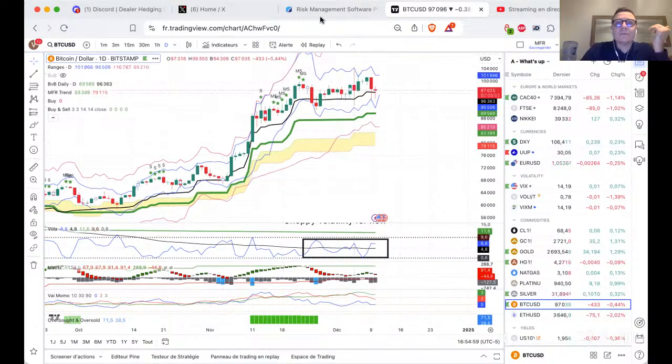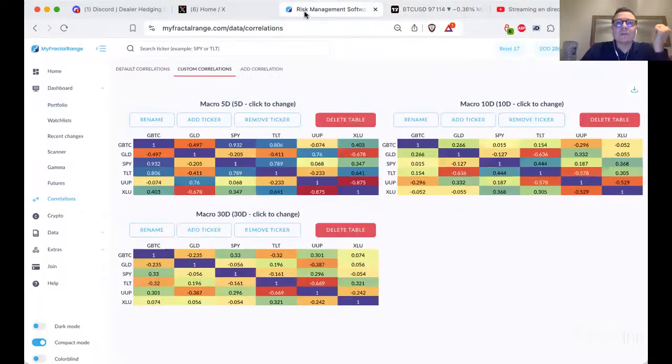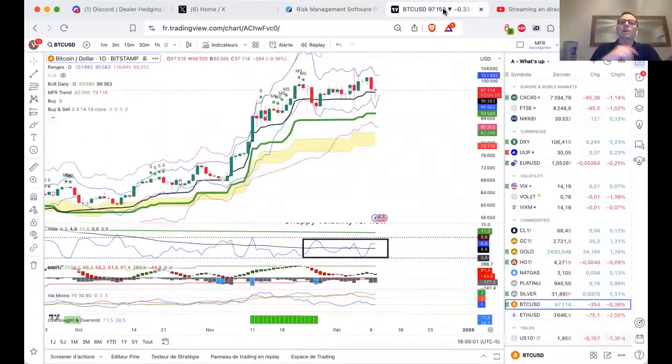And I would guess the issue is the short-term correlation to stocks. So you can see here, I'm using GBTC as a proxy. To SPY, the correlation is 0.93. So it's highly correlated to stocks. So if like me, you expected a move down for at least a few days, you are not buying Bitcoin.